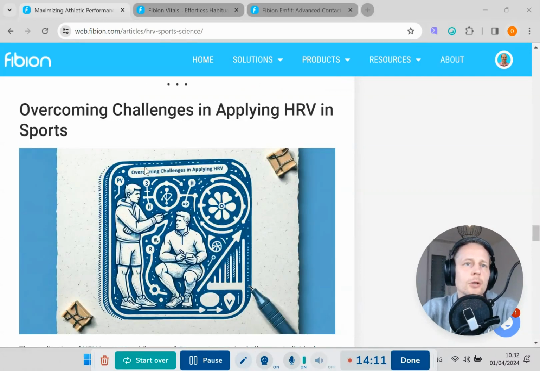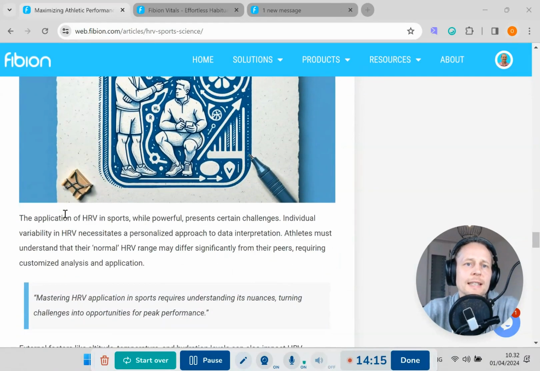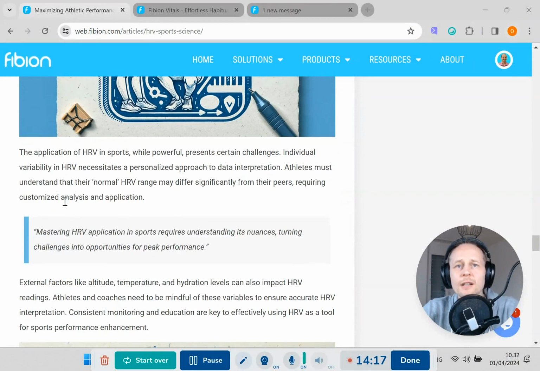And then if we go to overcoming challenges in applying HRV in sports, there are certain challenges of measurements. Like I said, the individual variability in HRV necessitates a personalized approach to data interpretation. Athletes must understand their normal HRV range, which may differ significantly from their peers, requiring customized analysis and application.